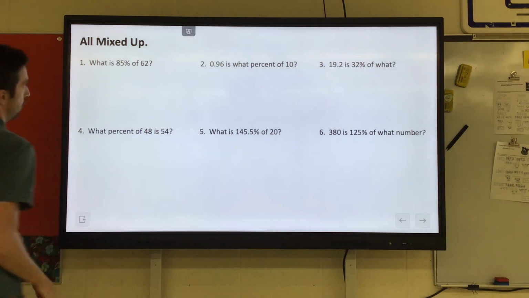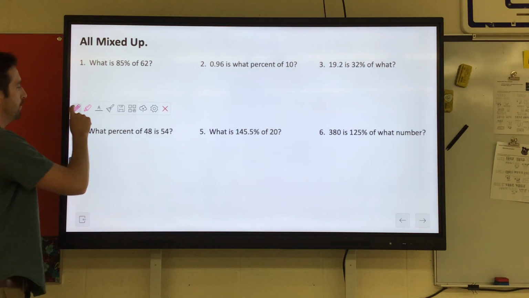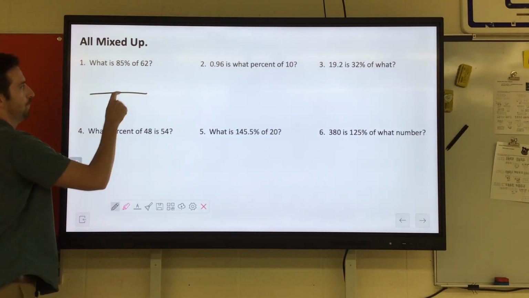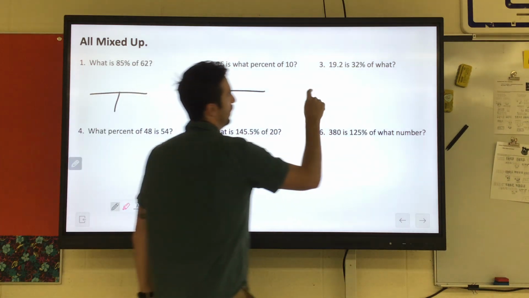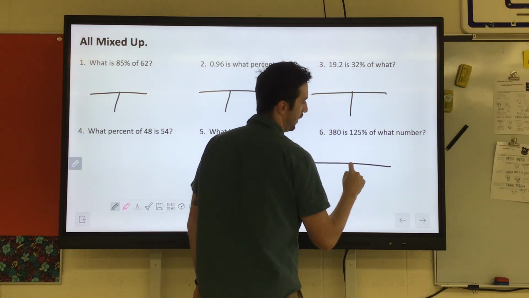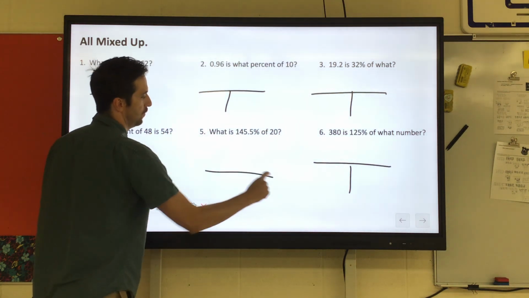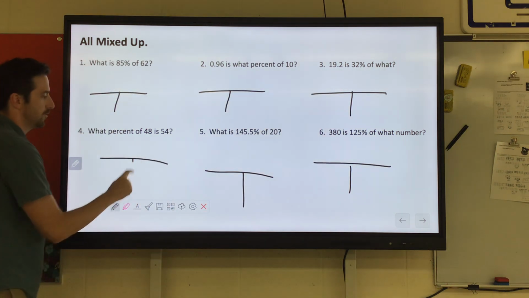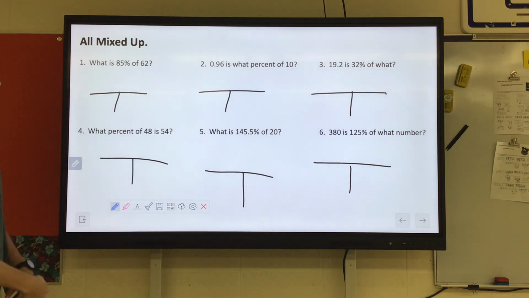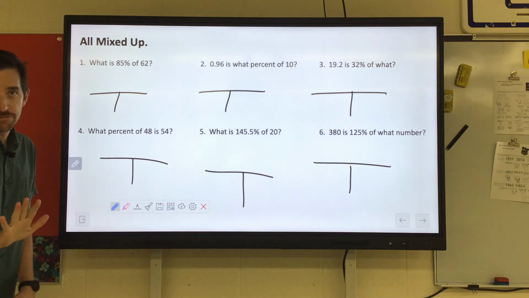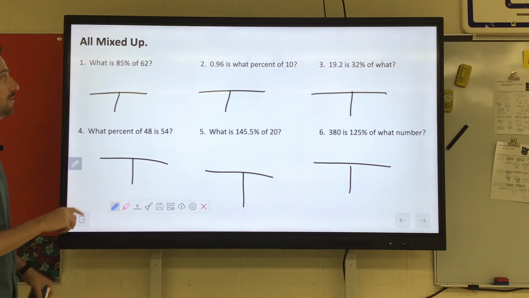Here we go. I'm going to set up my percent T's. And I'm always on your case like, hey, make sure you show your work. This is showing your work. It's staying organized with your numbers. I'm looking for of. Everything after of is the whole.